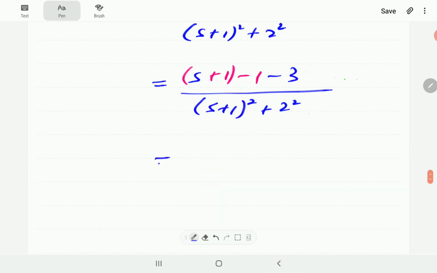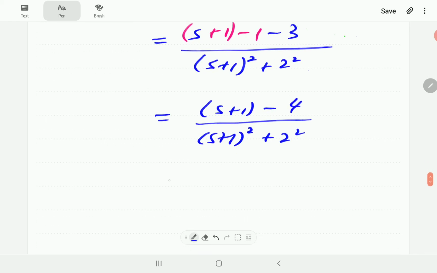Then in the numerator, that term we're not going to disturb. This one becomes minus 4, s plus 1 all squared plus 2 squared, and then at this point we split this into two fractions.